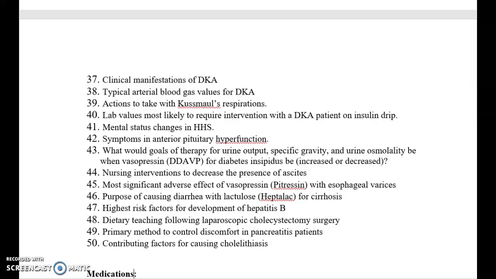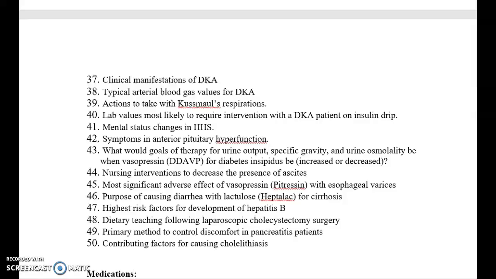Highest risk factors for development of hepatitis B, I'll let you look those up in your book. Dietary teaching following laparoscopic cholecystectomy surgery. Remember what kind of diets people would need to be on following that surgery to prevent complications.